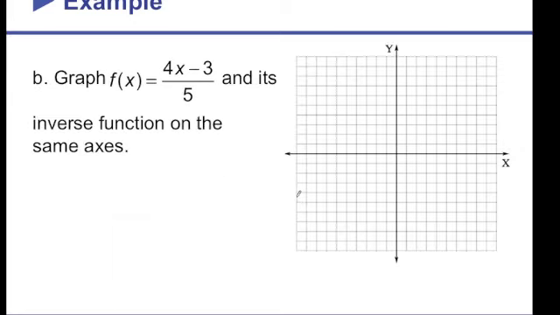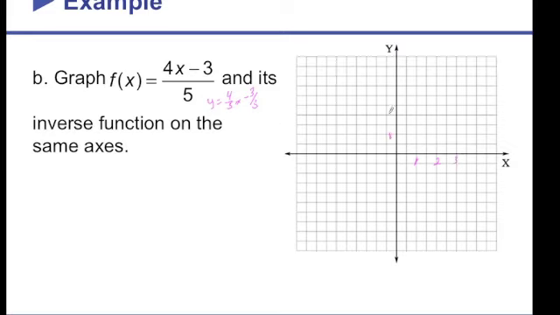Now I want to graph f of x equals 4x minus 3 over 5 and its inverse on the same axes. First I'm going to do this one. I'm going to split it and say my y equals 4/5 x minus 3/5. I'm going to number my graph this way since I have that fraction in there.